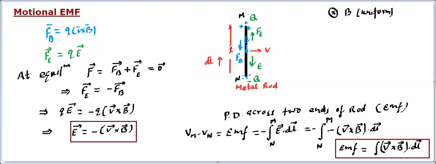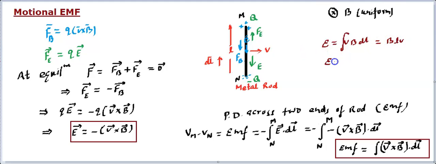In this particular case, V cross B will become VB, and whatever this V cross B is, you can say it's coming in the upward direction, and we need to do this dot with L, so that will become a dot product of same direction vectors, cos will become 1. So in this case EMF will become V into B into dl integration, which comes out to be BLV.